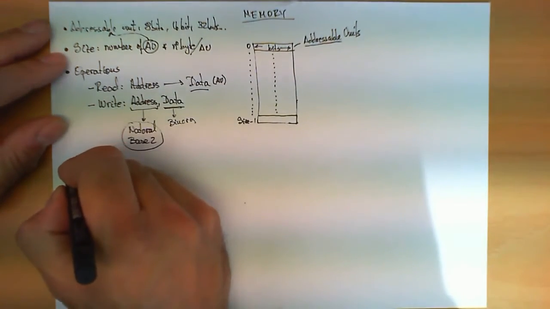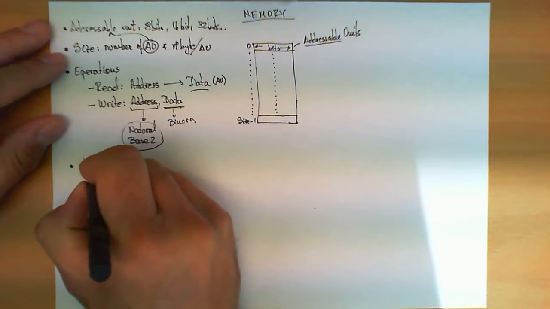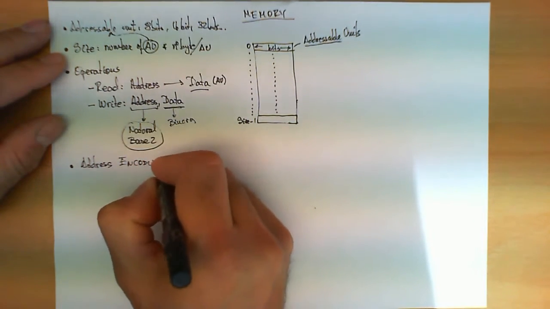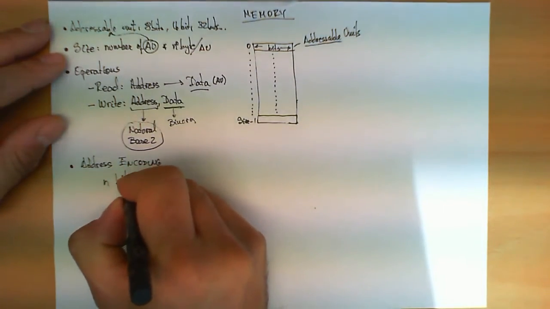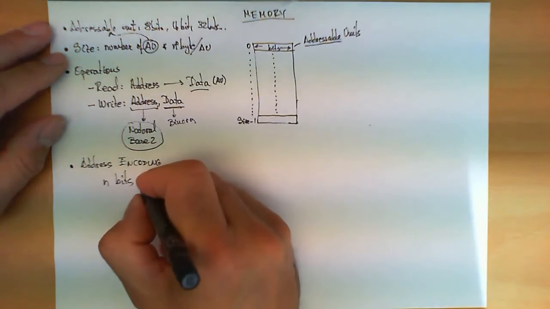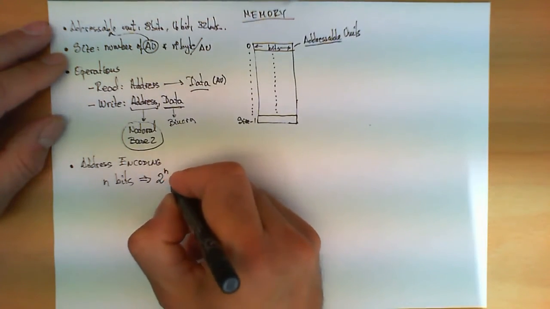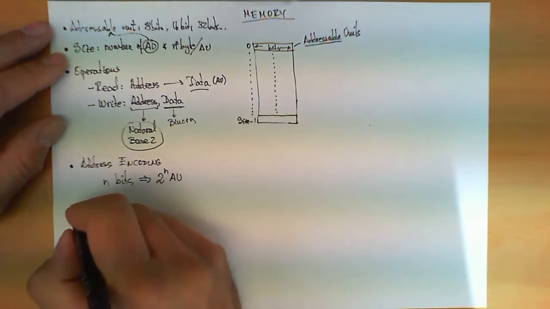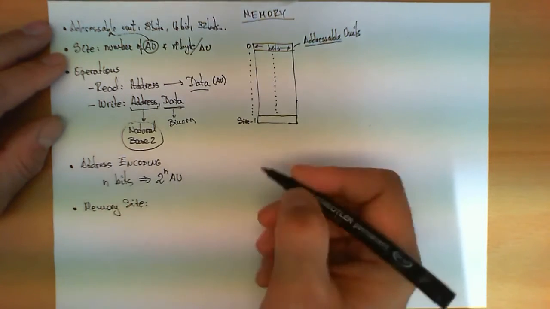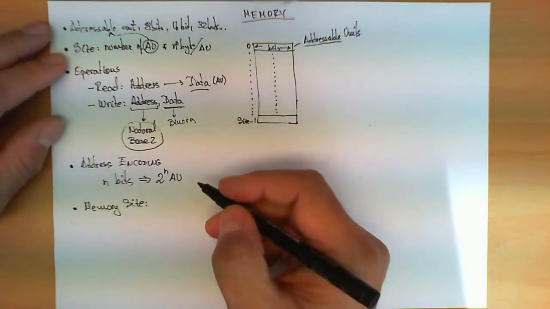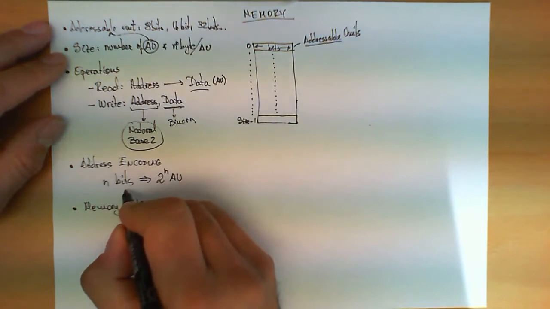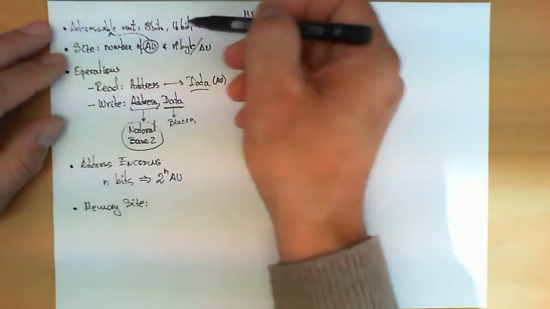So, once we know that a memory address is encoded with n bits, if a chip has the memory addresses encoded as n bits, then we can conclude that we have 2 to the n maximum addressable units, and therefore the memory size, in terms of the information that is allowed to be stored, is 2 to the n, n being the number of bits encoding the address, times the size of the addressable units.